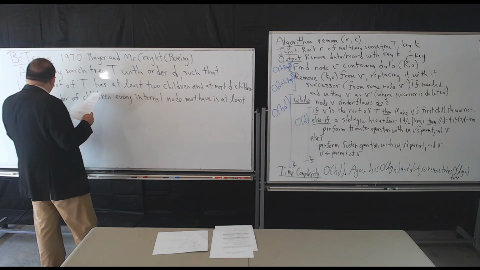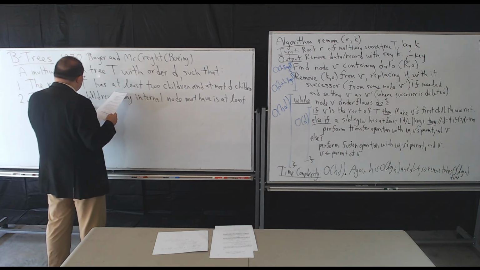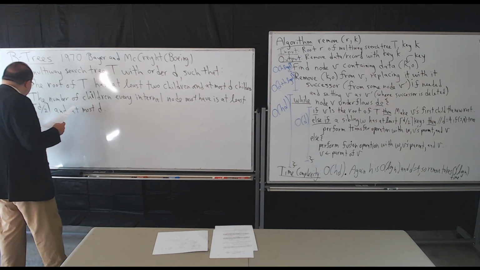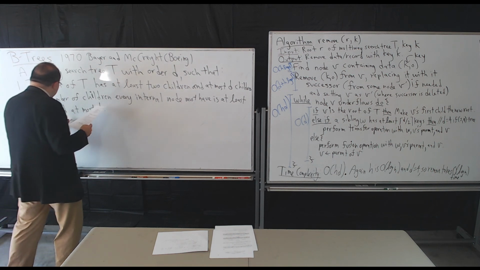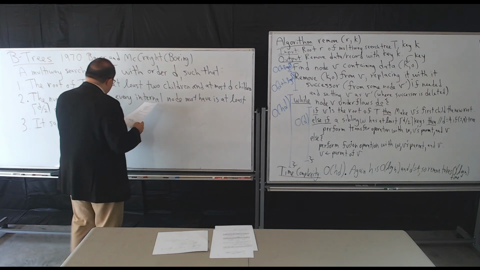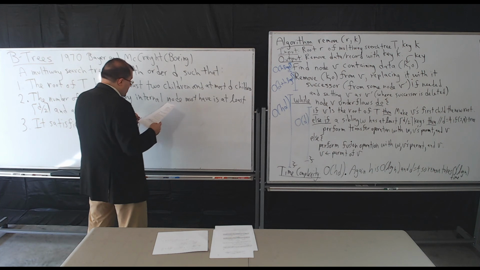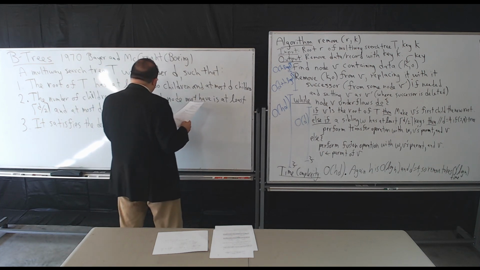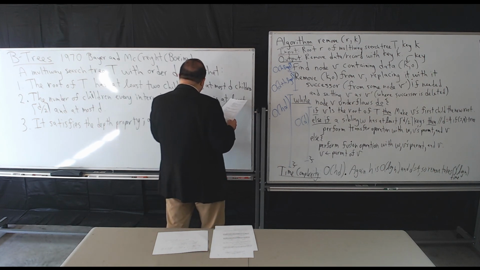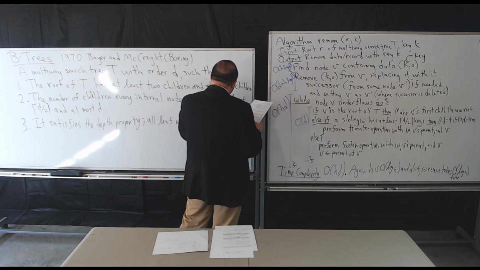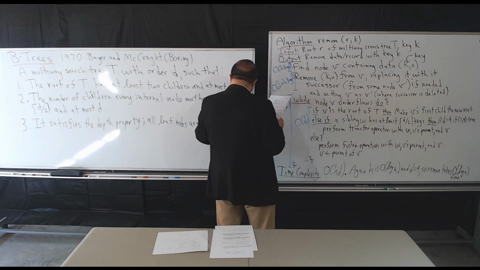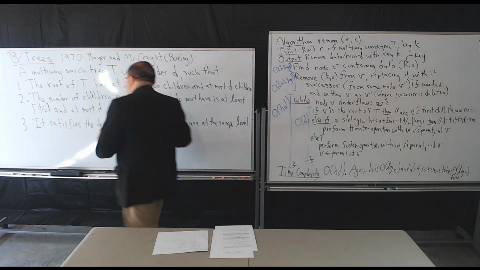At least D over 2 and at most D. And finally, the last one, it satisfies the depth property. So all leaf nodes are at the same level of T.